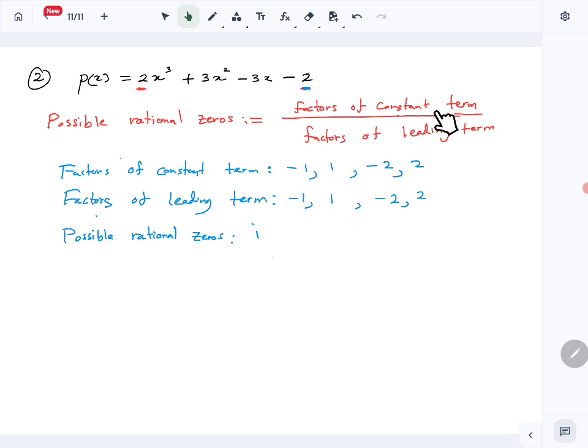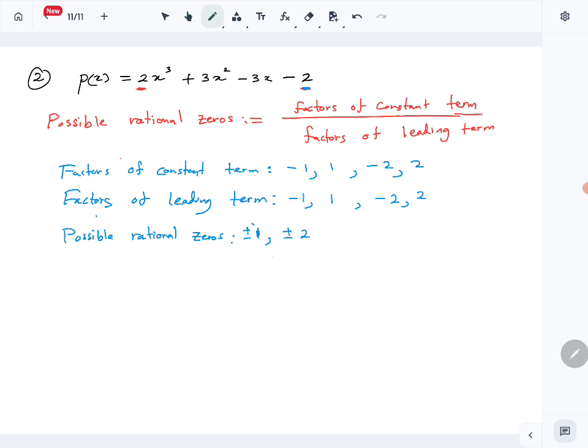We are using this formula: constant term factor over leading term factor. Minus 1 over minus 1 is 1. Minus 1 over 1 is minus 1. So you get plus or minus 1. Similarly, 2 over minus 1 gives you minus 2. 2 over 1 gives you 2. So plus or minus 2 works.